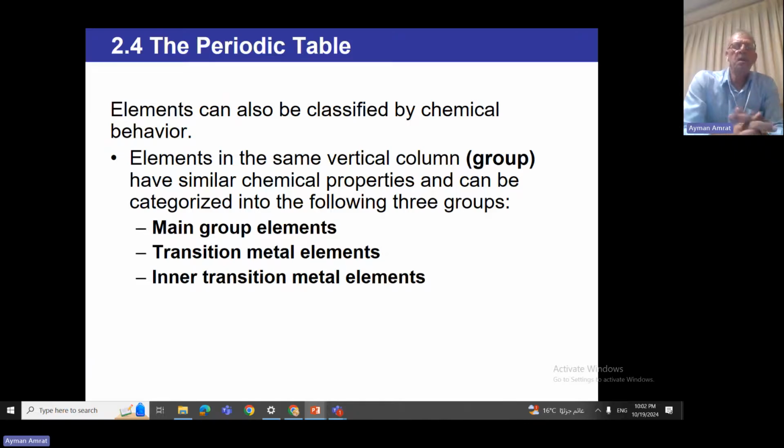In the middle, there are transition metal elements in the periodic table.